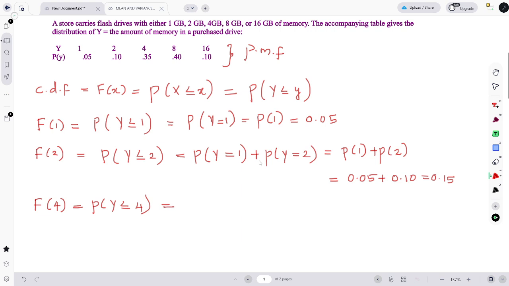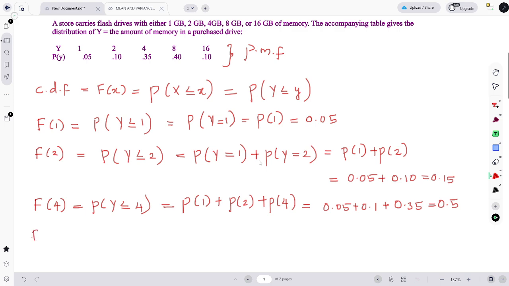That is equal to P of 1 plus P of 2 plus P of 4. That is 0.05 plus 0.1 plus 0.35. That is equal to 0.5.